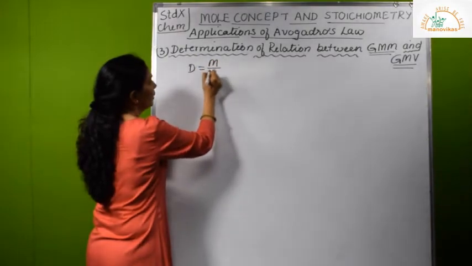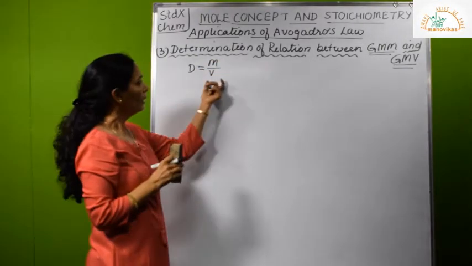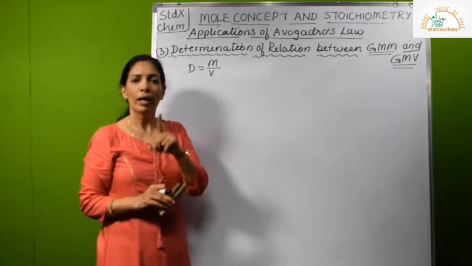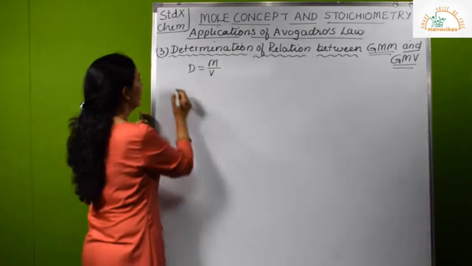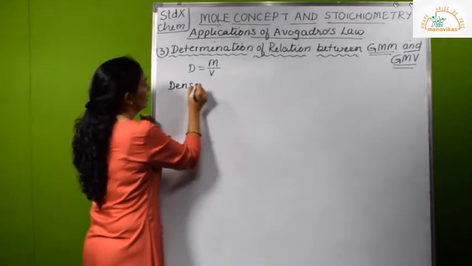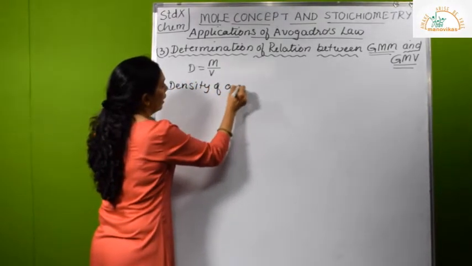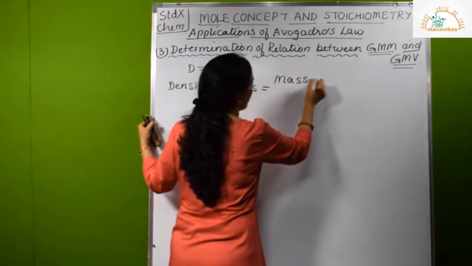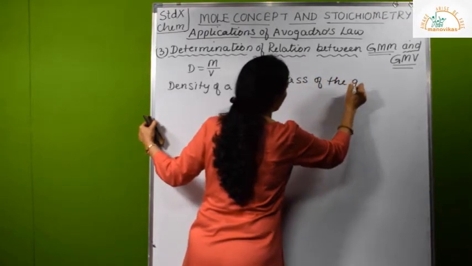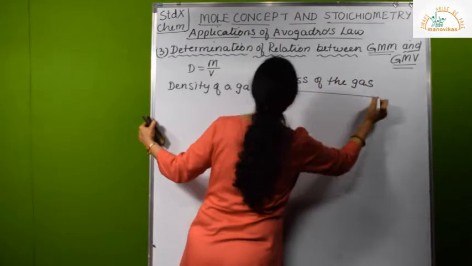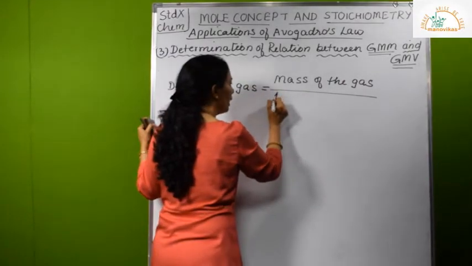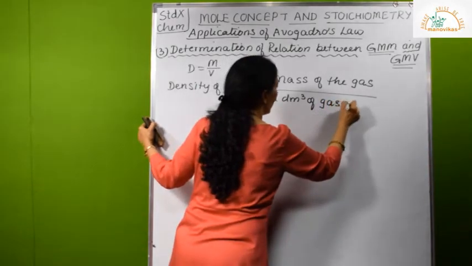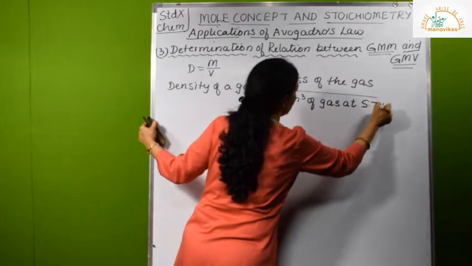We all know D is equal to M upon V. If we take this unit volume as 1 decimeter cube, we can write the density of a gas is equal to mass of the gas upon volume. What is the volume assumed as? 1 decimeter cube of gas at STP.